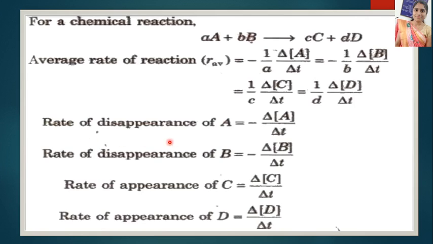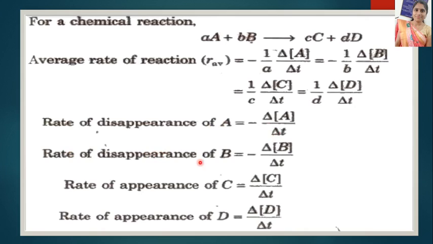The rate of disappearance of A is given by minus delta A upon delta t, because the concentration of A decreases.